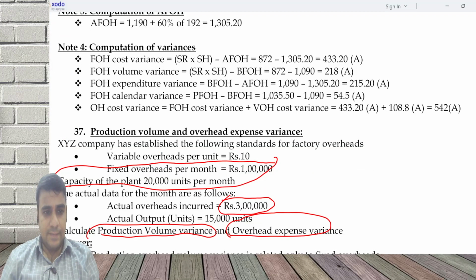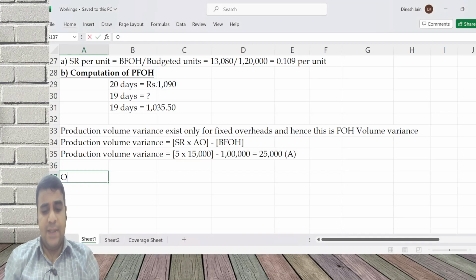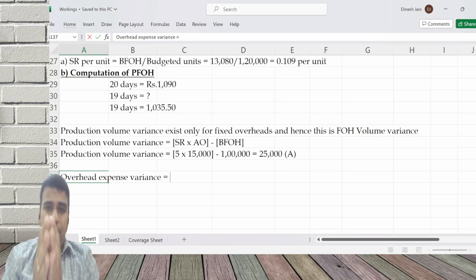Next is overhead expense variance. We don't know the breakup between variable and fixed. That's the biggest challenge in this question. We don't know how much is variable overhead and how much is fixed overhead. Without that breakup, it becomes slightly tricky.